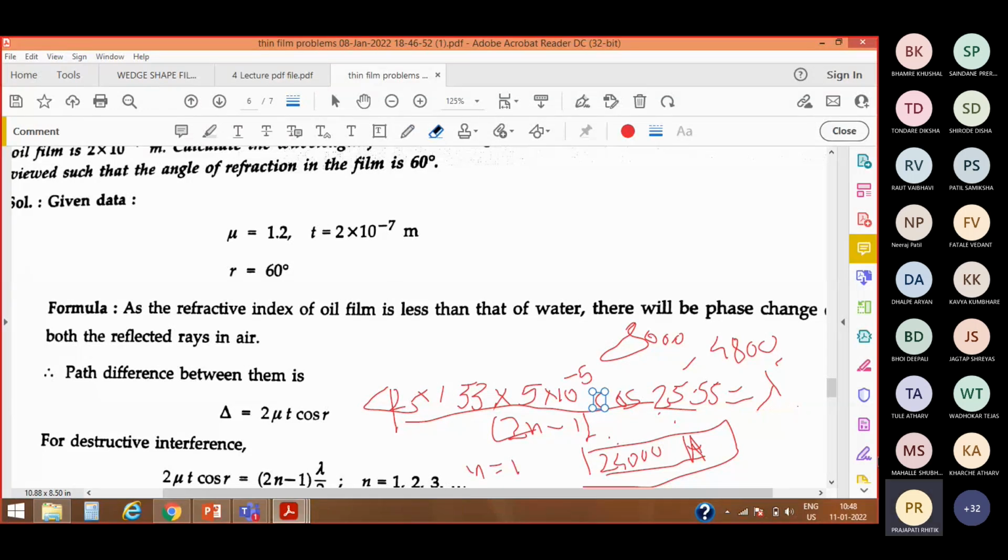सर, last सेकंडचा आन्सर काय आला? 24,000 एमस्ट्रॉंग आले. नाही, लास्ट वन if n is equal to 4. सेकंडचा विचारतो. फर्स्ट 24,000, सेकंड 8,000 आणि थर्ड 4,800. आणि if n is equal to 4 then?